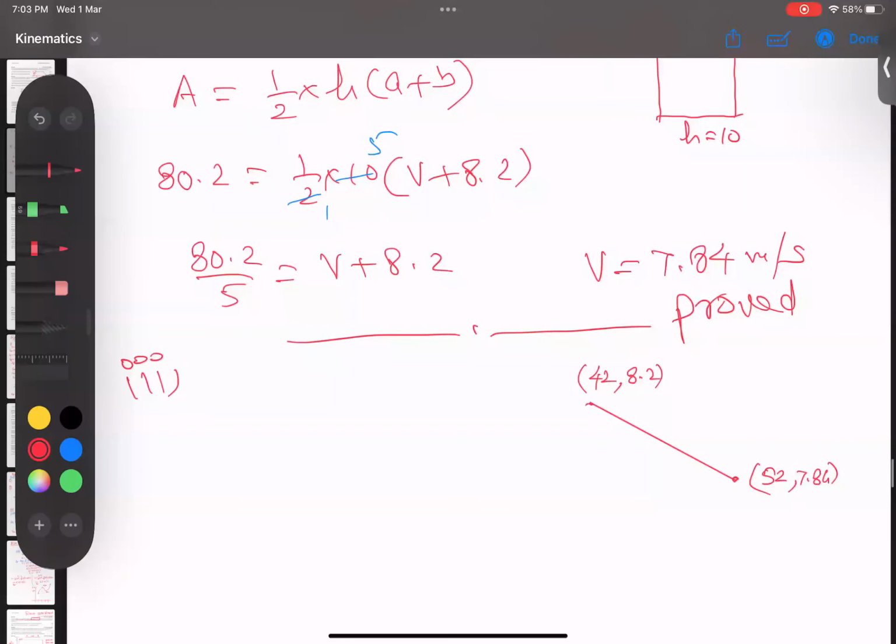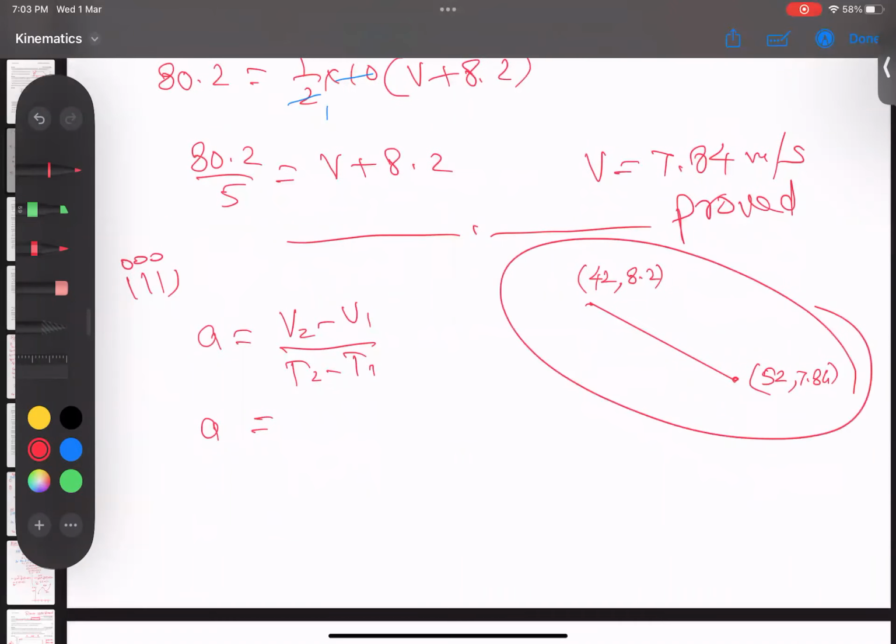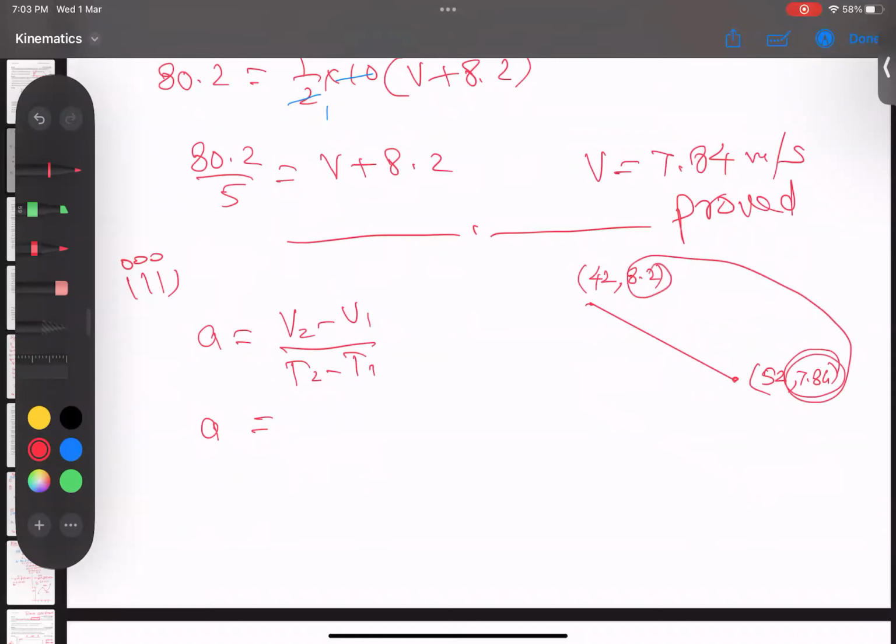Now it's just a matter of applying the gradient formula: V2 minus V1 over T2 minus T1. It is called the gradient formula, and it gives us the deceleration. I can start from any point, but I'm starting from here: 7.84 minus this, divided by this minus this. Same order: 7.84 minus 8.2, divided by 52 minus 42.